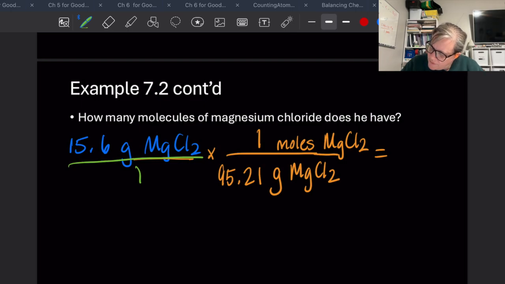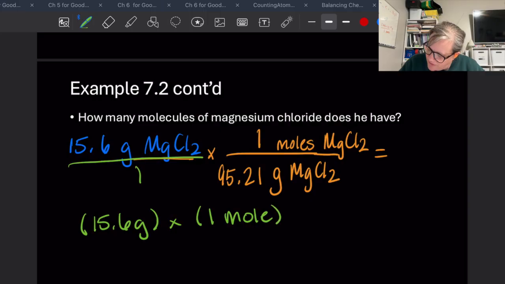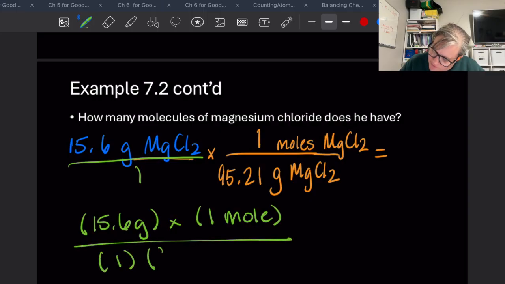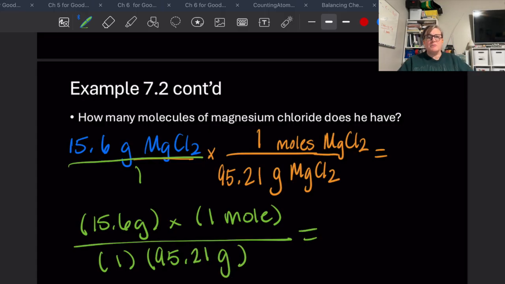So in this instance, we would have 15.6 grams times 1 mole, divided by 1 times 95.21 grams. And you don't have to write all that out. I'm just reminding you what we would do.